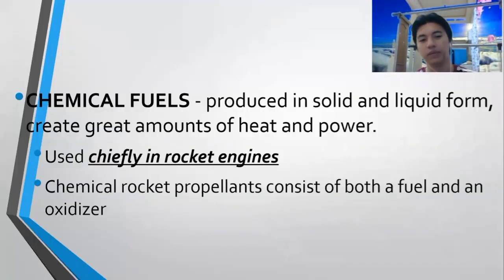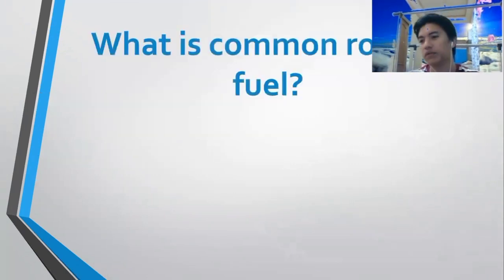Next is the chemical fuels. It is produced in a solid and liquid form, creating great amounts of heat as well as power. It is used chiefly in rocket engines, and chemical rocket propellants consist of both a fuel and an oxidizer. What is common rocket fuel?